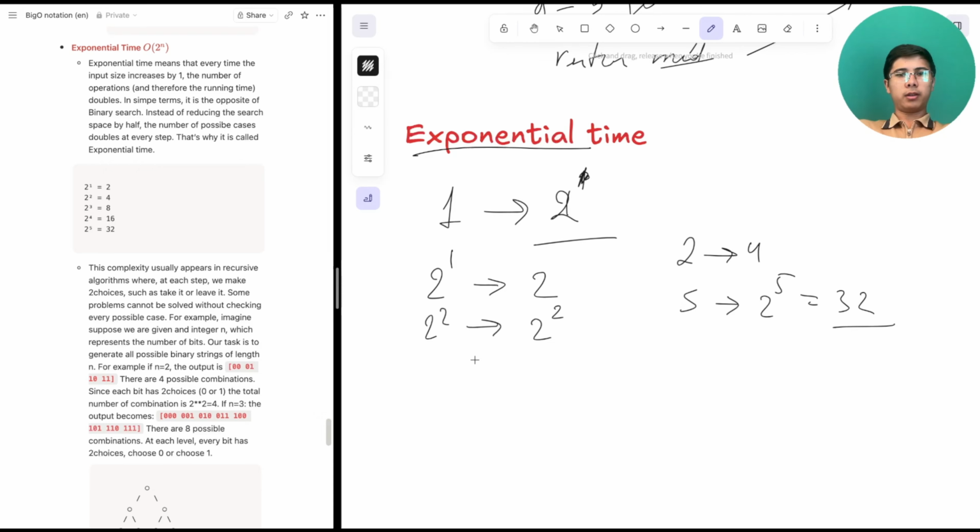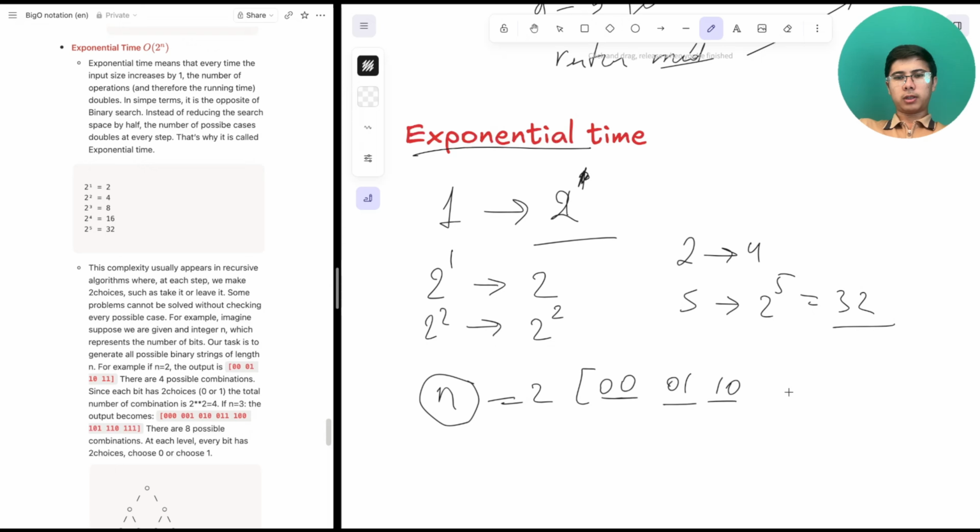In those cases we need exponential time. For example, suppose we are given the integer n, and our task is to generate all possible binary bit strings of length n. For instance, n equals 2, the two bits. The possible outputs we need to return are 0 0, 0 1, 1 0, and 1 1.